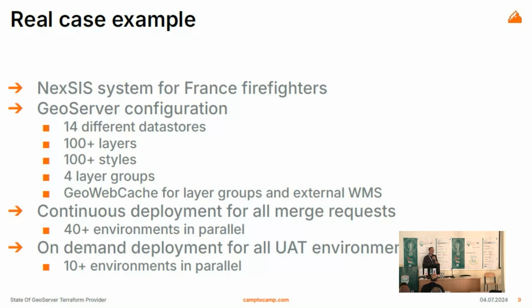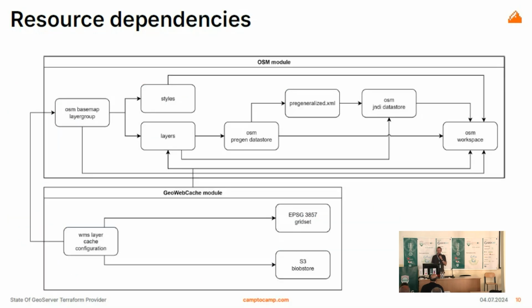So it means that when we have an update to do with the configuration, we have to update more than 10 environments. Some are critical because we can't cut the service. So it's very critical for this mission.